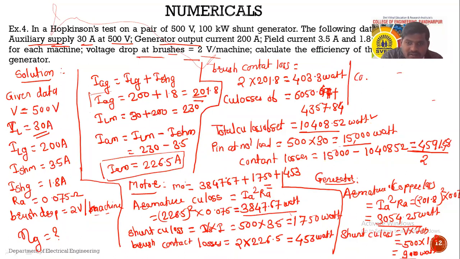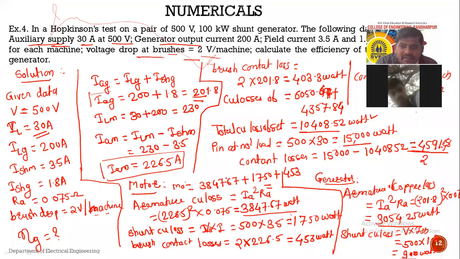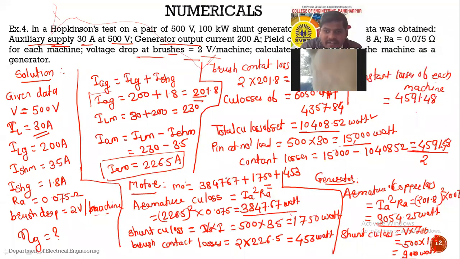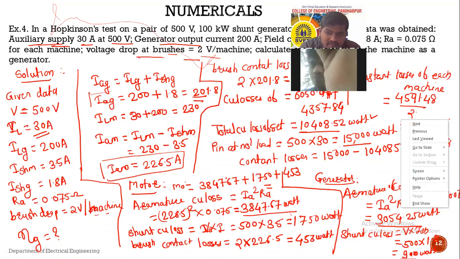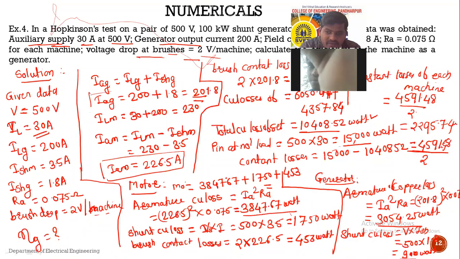So it is nothing but constant losses of each machine, which is 4591.48 divided by 2. किती आता है? 2295.74 watt. याचे constant losses.